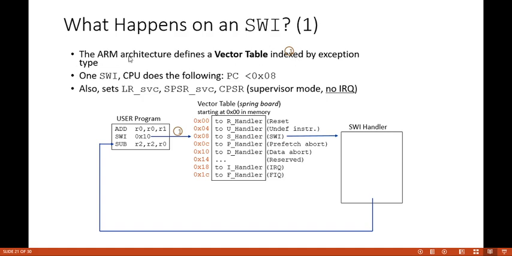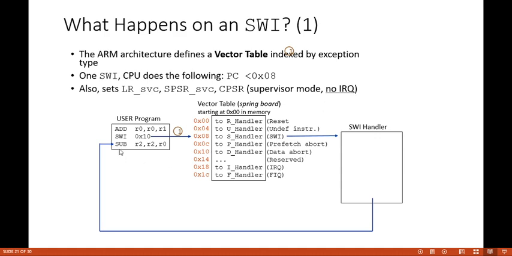So the ARM architecture defines a vector table indexed by exception type. One SWI instruction does the following. It will change the program counter to the address 0x08, and it will also set the link register and SPSR, the saved program status register, both from supervisor mode, and it will change the CPSR to supervisor mode, and IRQ is disabled.